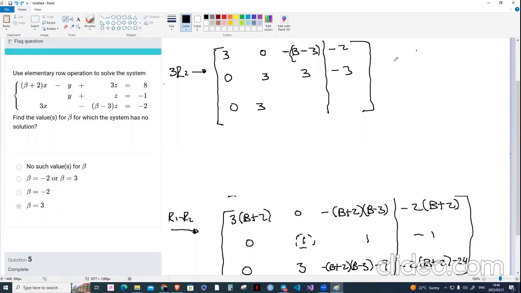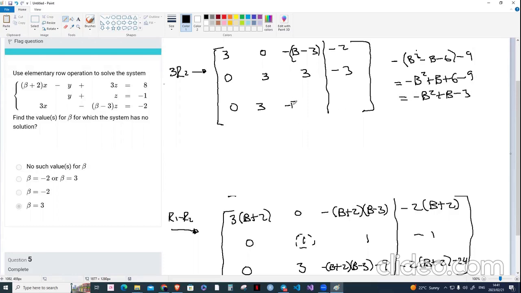So this one will be negative B squared minus B minus B minus 6 minus 9, which is the same thing as minus B squared plus B plus 6 minus 9, which is minus B squared plus B minus 3.